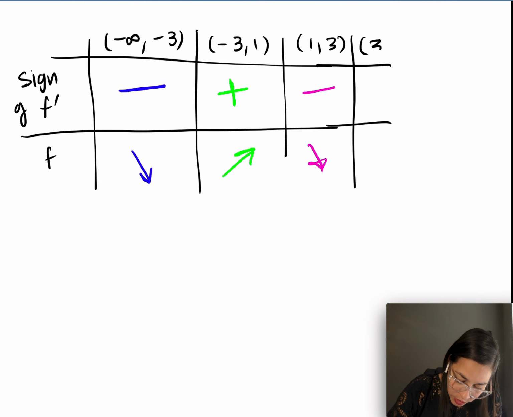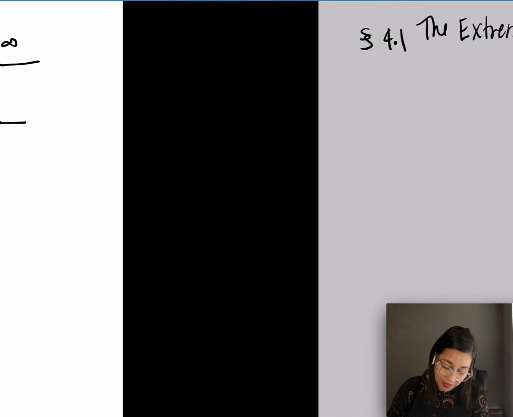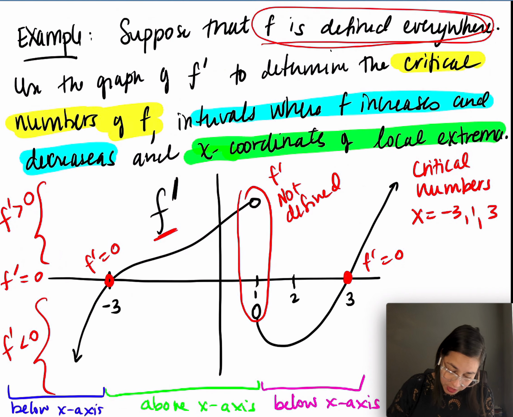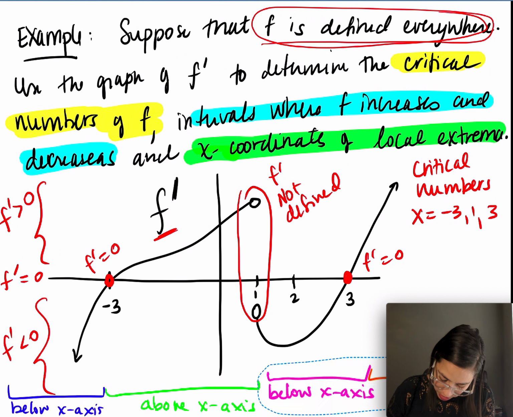And then now I look at what happens from 3 to infinity. From 3 to infinity, I have that the function is above the x-axis, so it is positive.